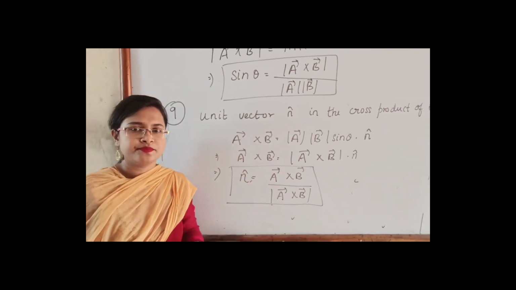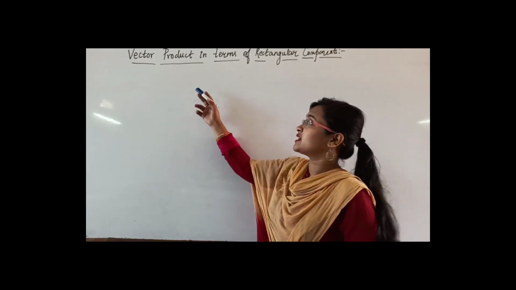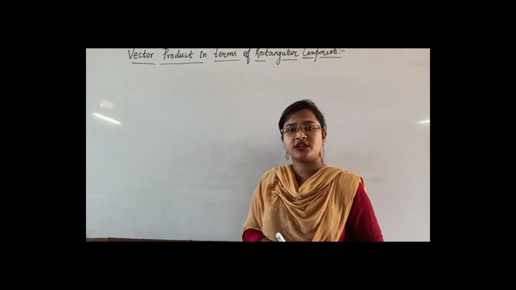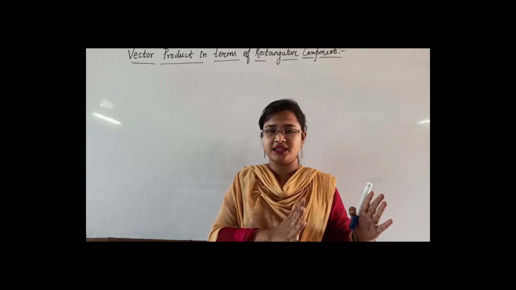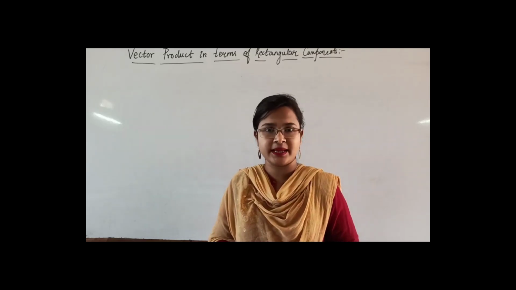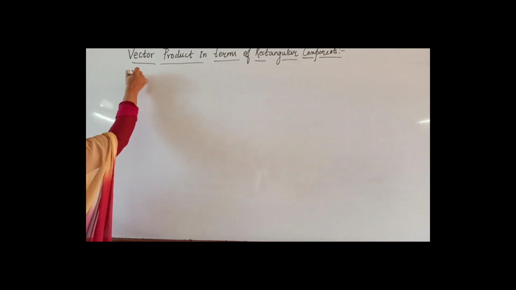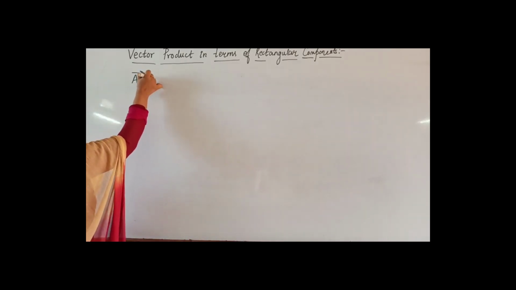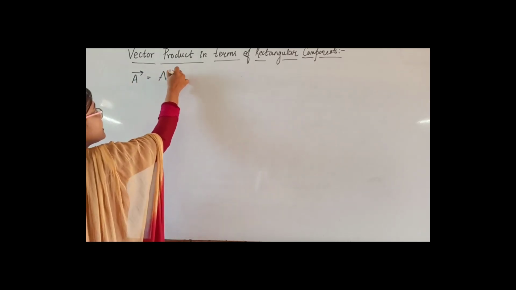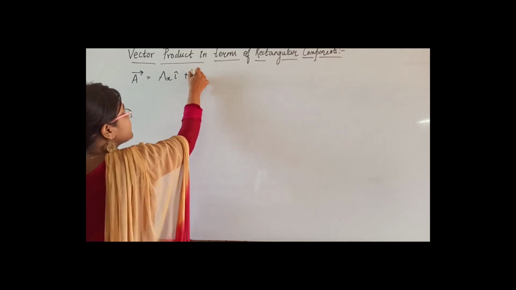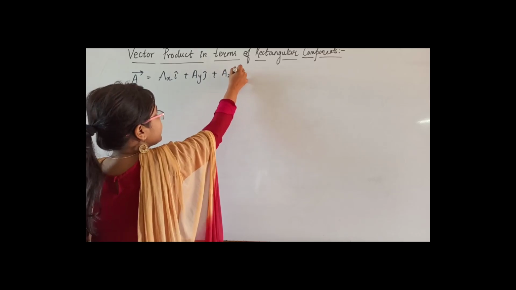Clear? Now we will study the vector product in terms of rectangular components. We can express vector A and vector B as their rectangular components and find the vector product between them and see the results. So let us start. Let us write vector A in terms of the rectangular components. We know it is Ax I cap plus Ay J cap plus Az K cap.